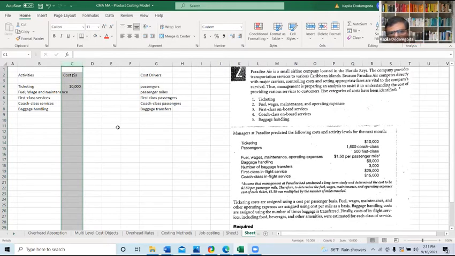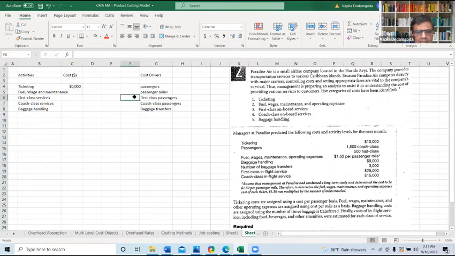Coach class passengers 1,500. First class passengers 500. So altogether, the number of passengers will be 2,000. That is what you have here.